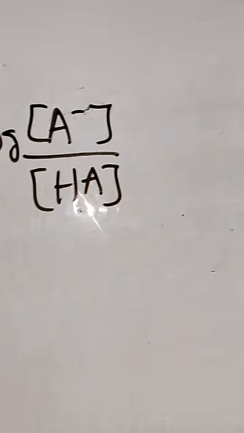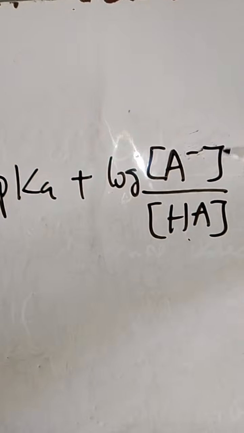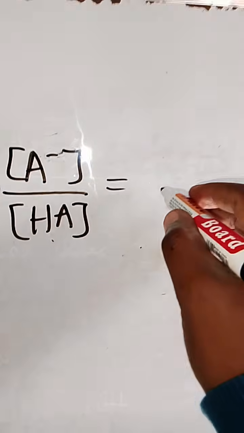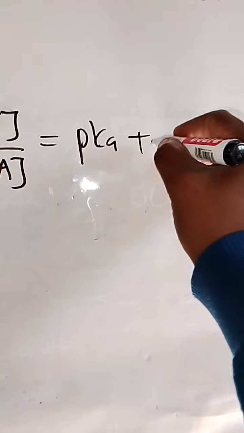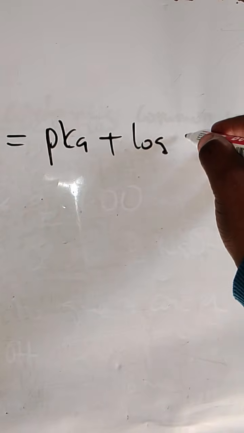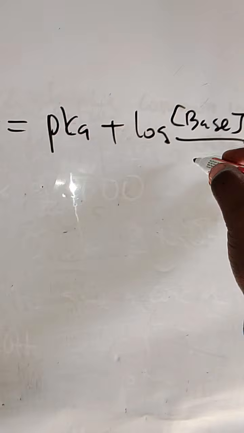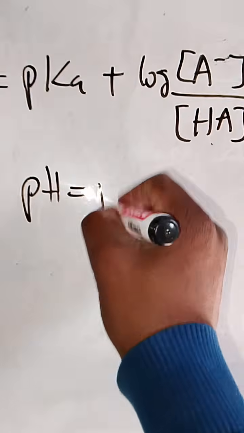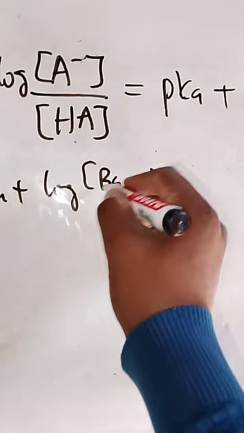That is the concentration of the conjugate base over the concentration of the conjugate acid, which can also be written as pKa plus log of base concentration over acid concentration.